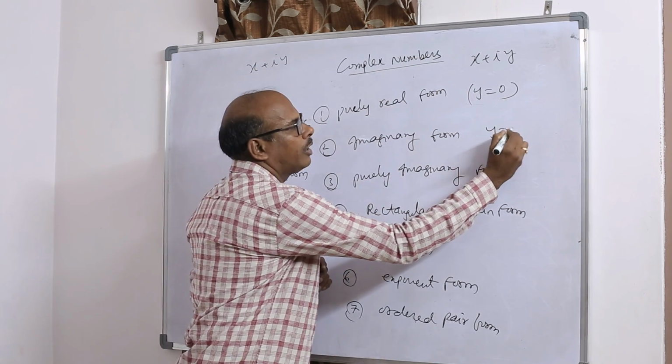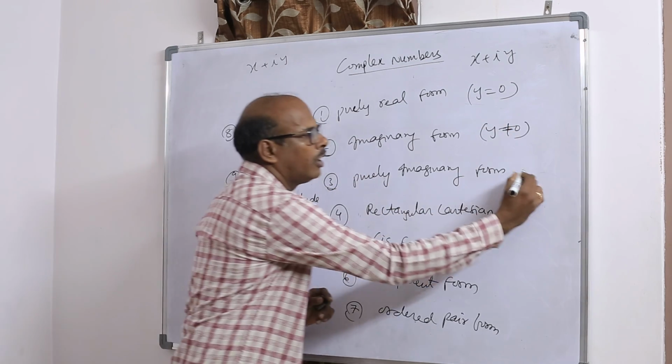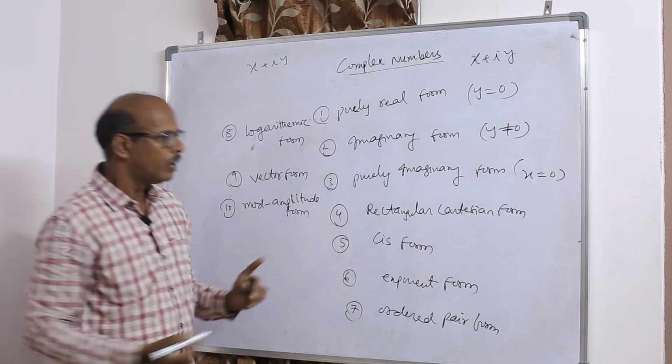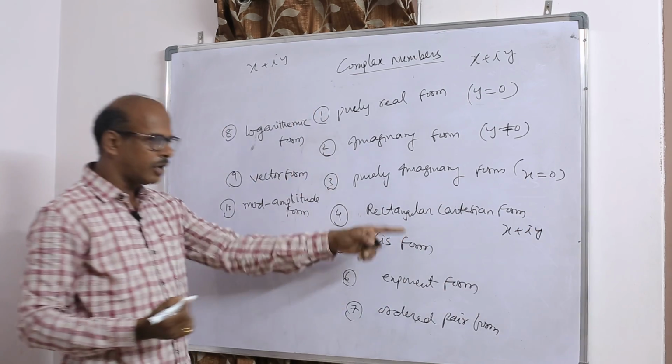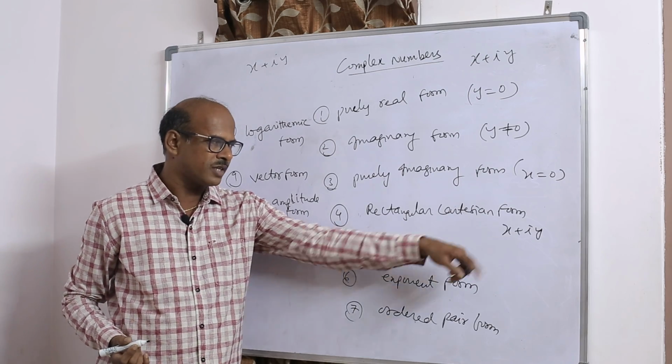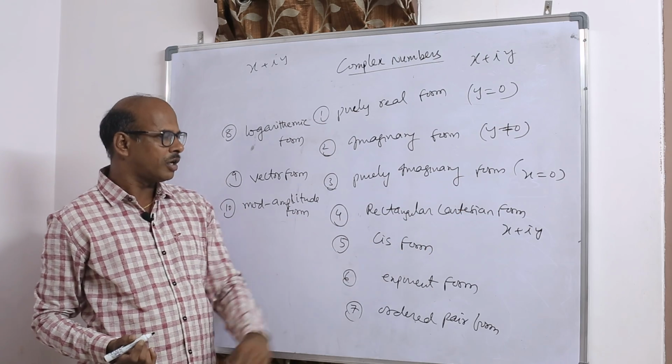Imaginary: y not equal to 0. Purely imaginary: x equal to 0. Rectangular Cartesian form: the form x plus iy where x and y are real and i is the imaginary unit.